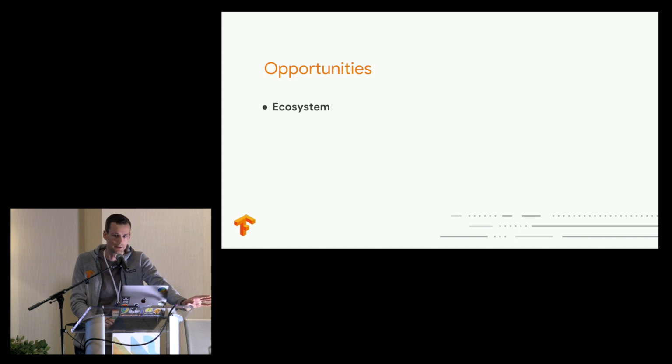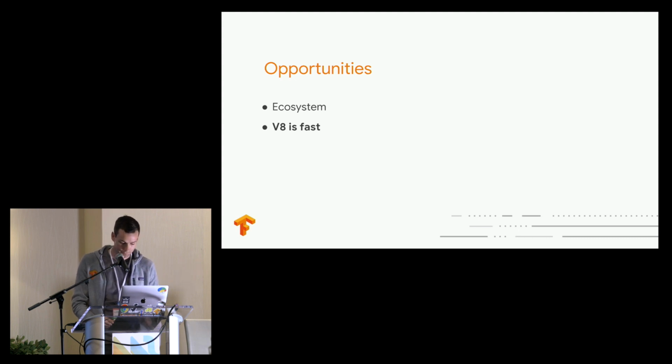So we think bringing ML to this space will bring some really cool demos and projects. The default interpreter for Node.js, V8, is super fast. We've seen it up to 10 to 20 times as fast as the Python interpreter. And thanks to organizations like Google, Chrome and the V8 engine are always improving and getting faster.